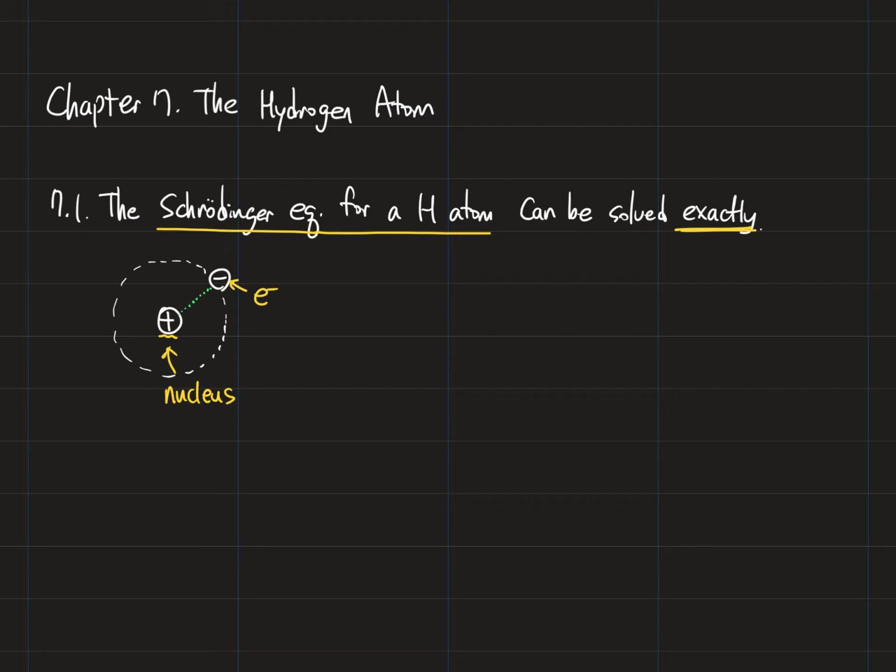So this is the Coulomb attraction energy. The potential V(r), where r is the distance between the positive charge and negative charge, is given as e squared divided by 4 pi epsilon 0 r.